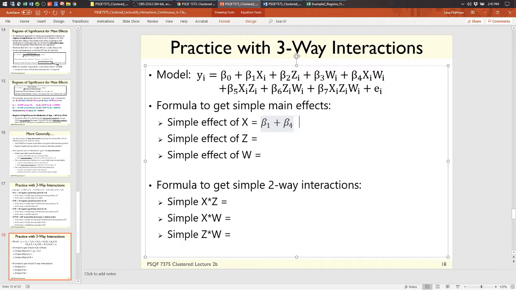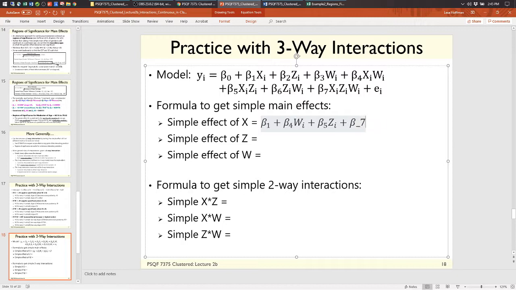I need a 4 all by itself or times something? Times w. What else? Beta 5 times, I need z, yep. It's the other one. You guys are picking up the pattern. Anything else? Yep, gotta have, that's got an x in there too.